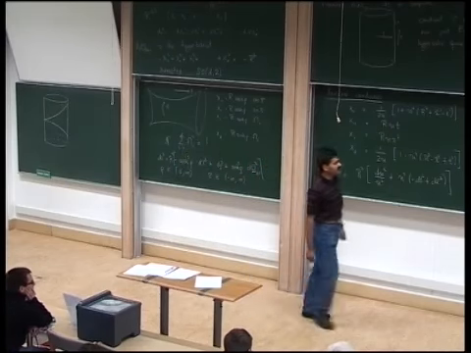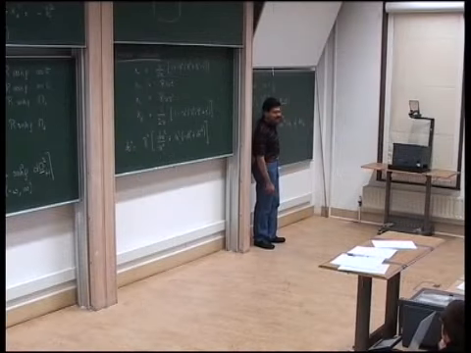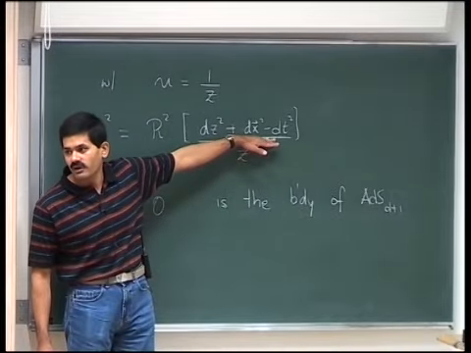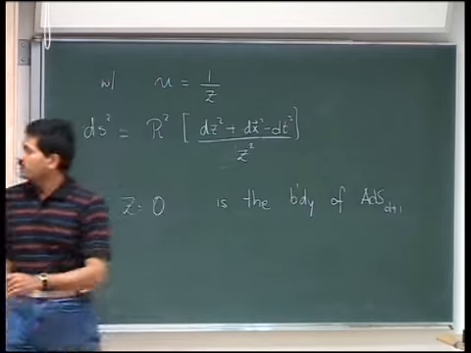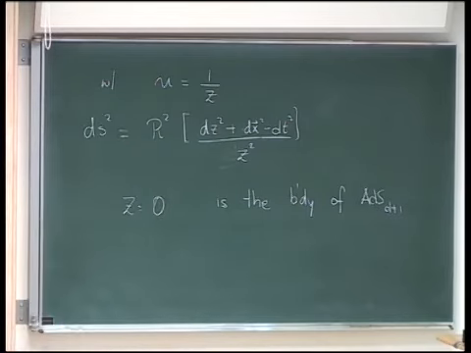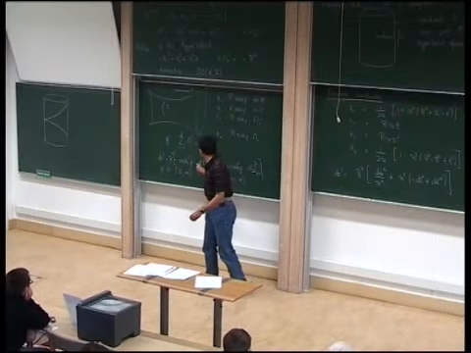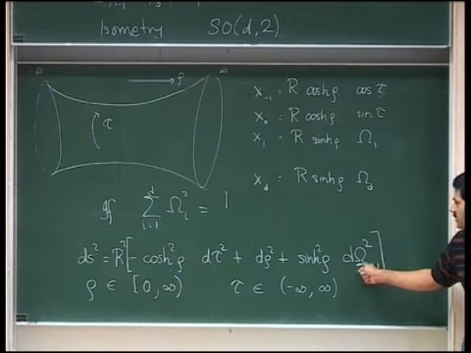The boundary here as z goes to 0 is just a copy of flat space parameterized by x and t. The boundary in these coordinates as rho goes to infinity, which is the boundary of the real anti-de Sitter space, is a cylinder parameterized by a sphere and tau.